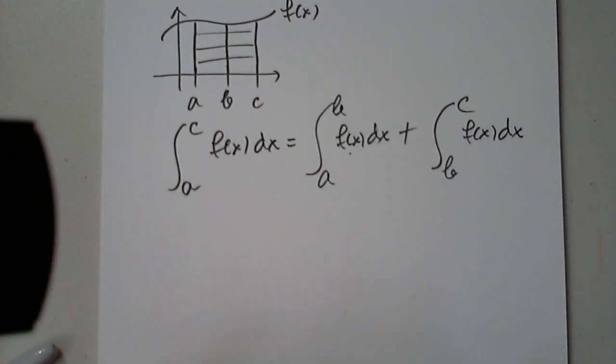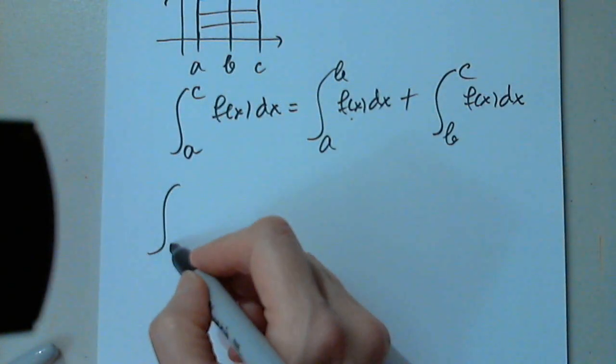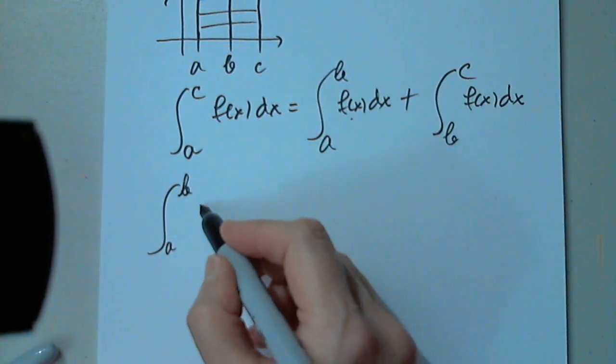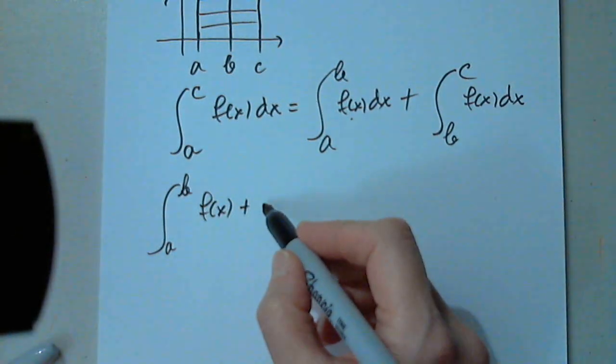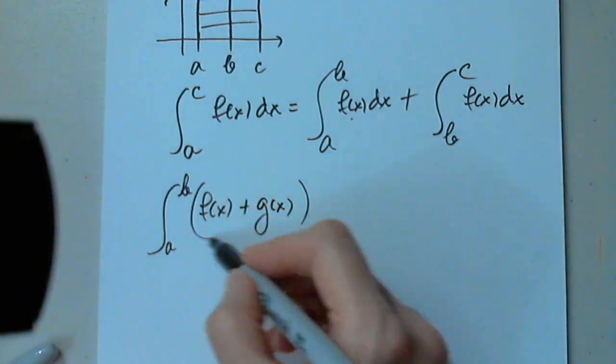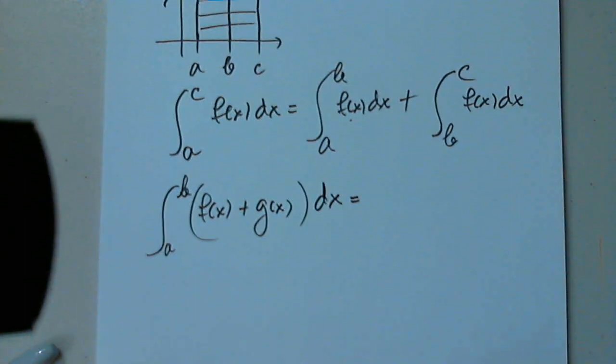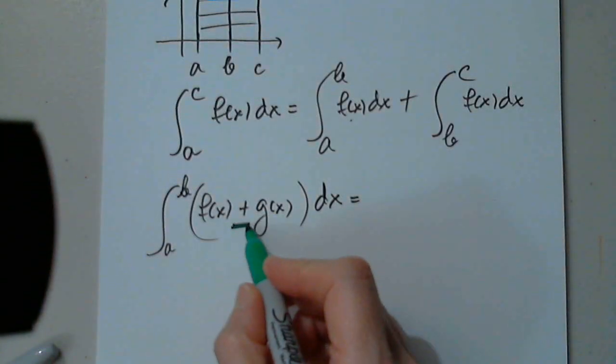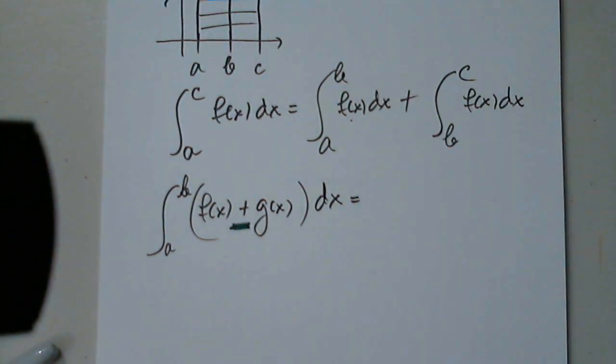Okay, here is another property. The integral from a to b of f of x plus another function g of x dx. We discussed this. Let's write it again. What if I have minus here? What would you think that would equal?